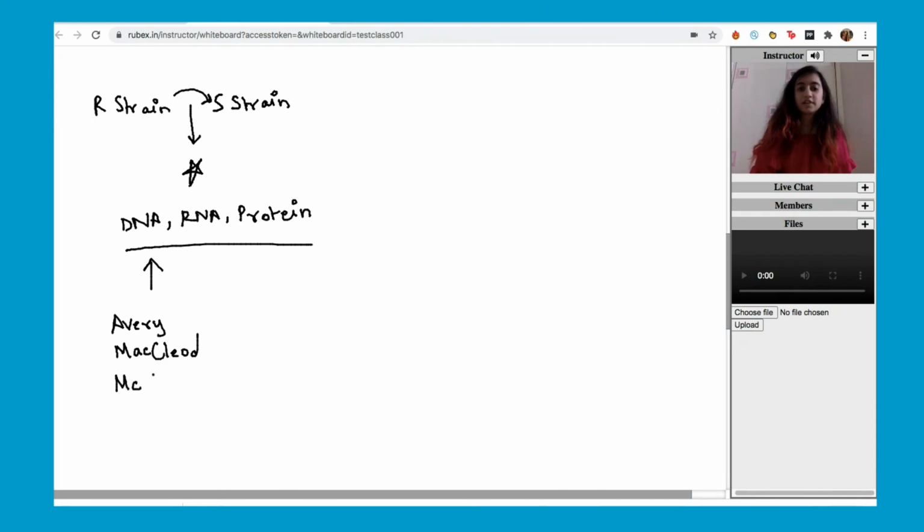These were the three scientists that later on, using some other set of experiments, found out that DNA was the actual transforming principle. But Griffith's experiment serves as the starting point. It was so very important. It was the starting point for finding out what a transforming principle is, what its work is. Later on, the nature was identified by three other scientists.